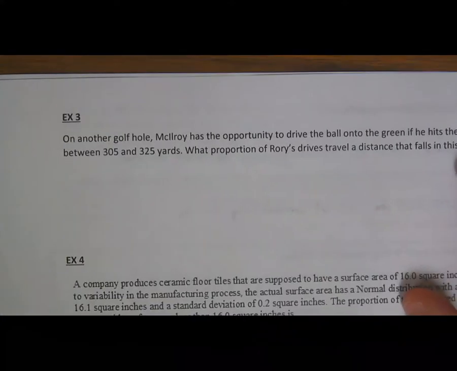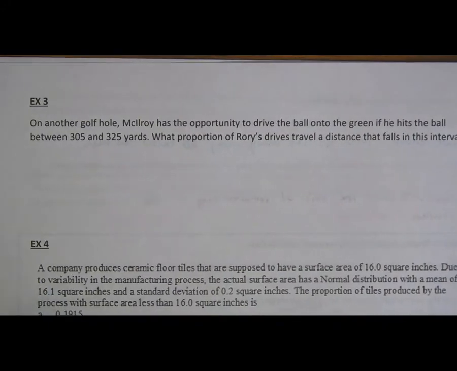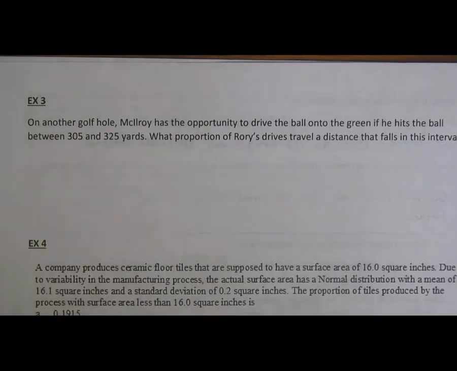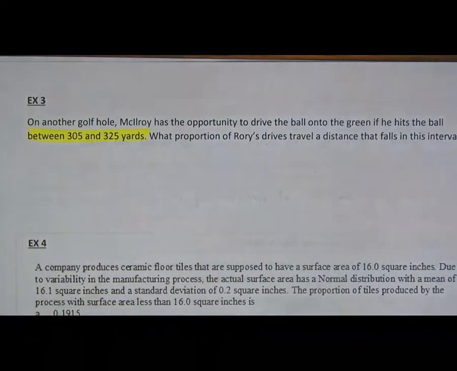Okay, let's go faster on number 3. This is my favorite kind of problem, and you're going to see why. It's even easier. On another golf hole, he has the opportunity to drive the ball into the green. If he hits the ball specifically this time, they're being very specific.